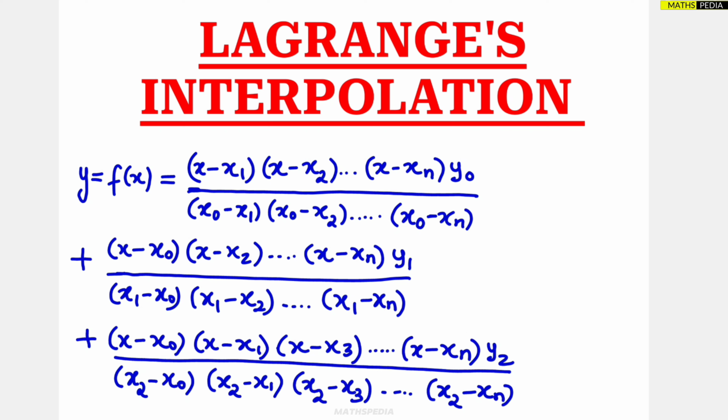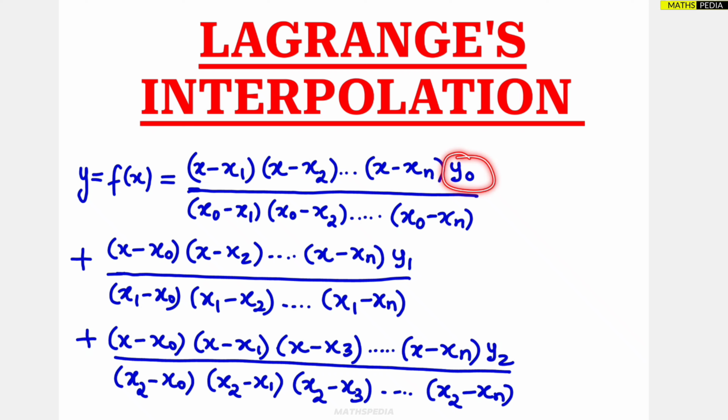Now, starting with this formula, how to remember it? I'll just tell you one thing, that we started with x. This is the first part, right? Then addition will come. The first part is related to y naught. That means it is related to x naught and y naught, you can remember. When you are using y naught, remember the corresponding x naught will not be visible in the upper part. That means that term will not be there. If you observe, x minus x1 is where it starts. x naught is missing.